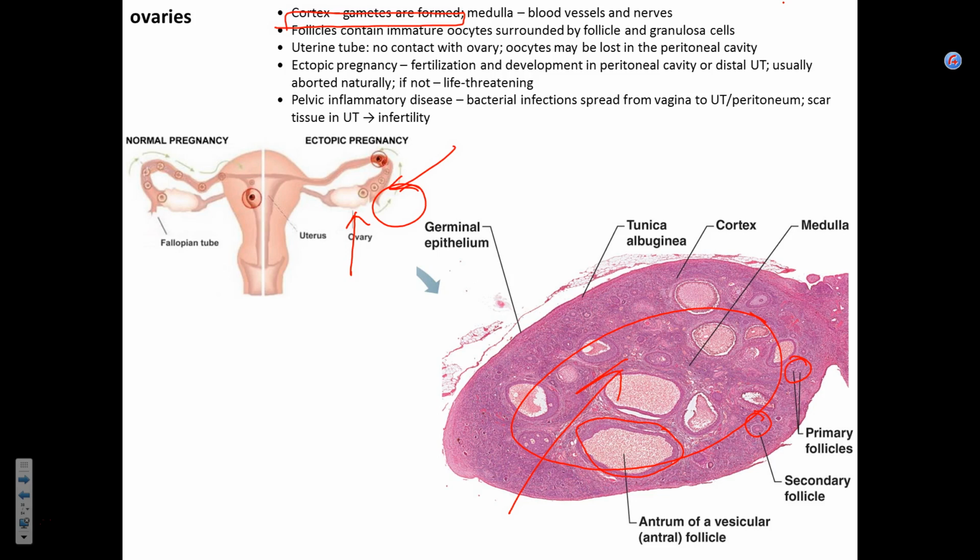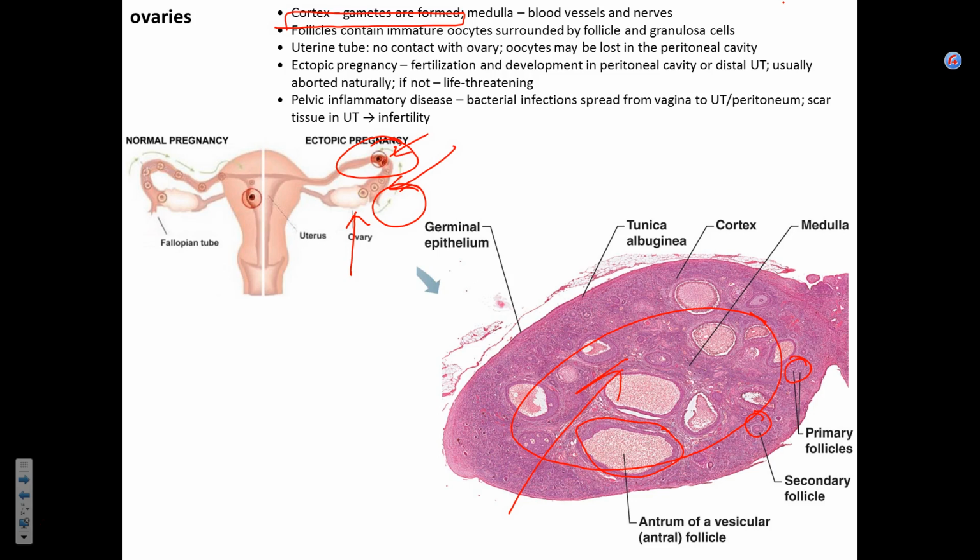Or fertilization occurs where it's supposed to be, okay, in the uterine tube, in the fallopian tube, but the fertilized ovum doesn't make its way to the uterus, okay? So it remains in the fallopian tube and starts to develop in the fallopian tube.